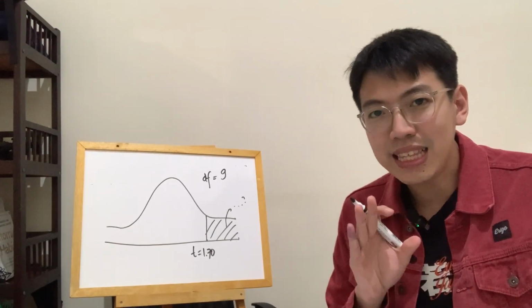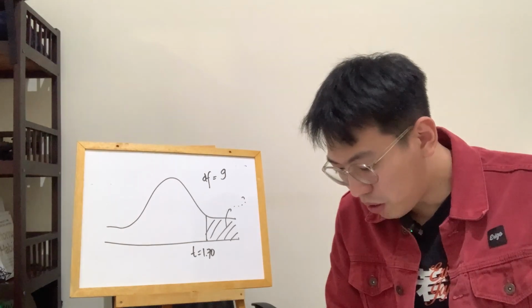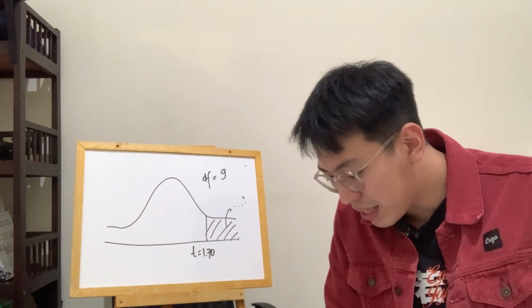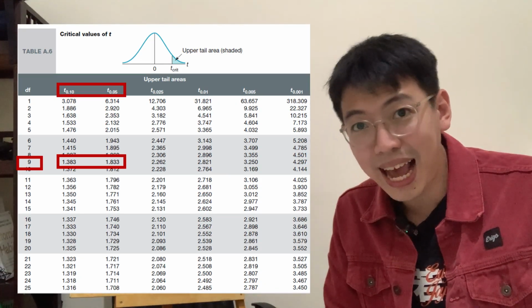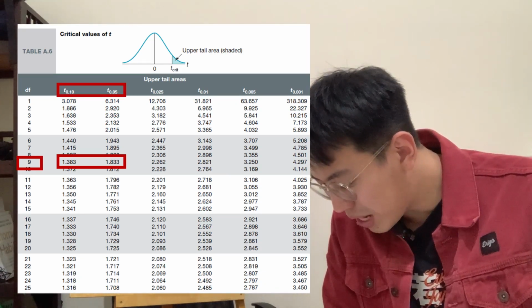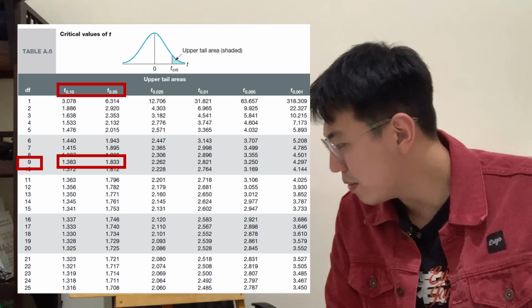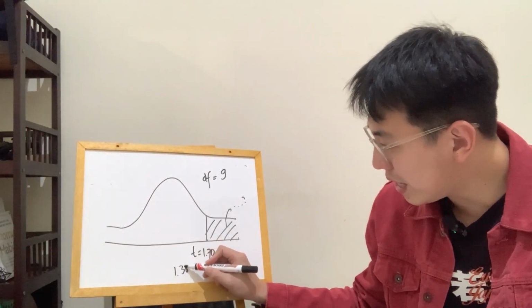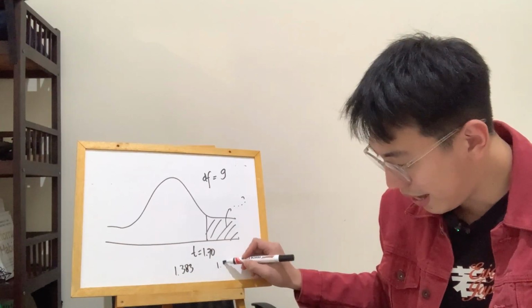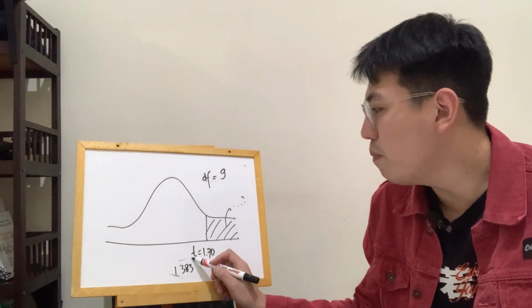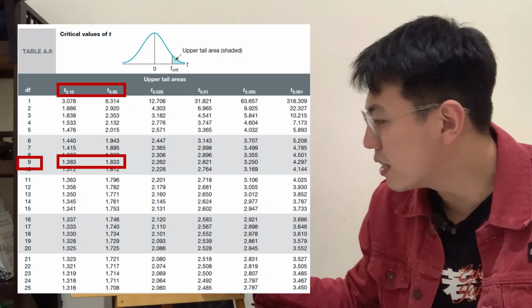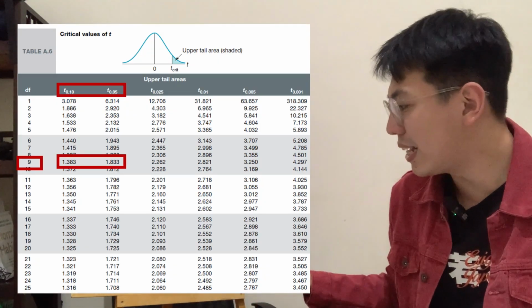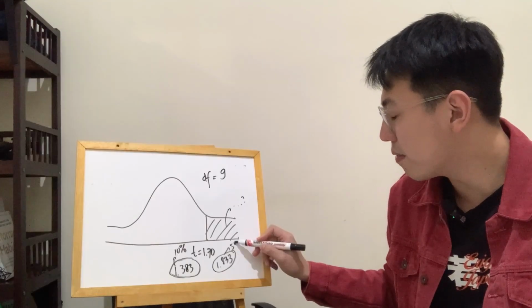So let's see the t table. In the t table, when the df is 9, 1.7 is located between 1.383 and 1.833, right? 1.383 is 10%. 1.833 is 5%.